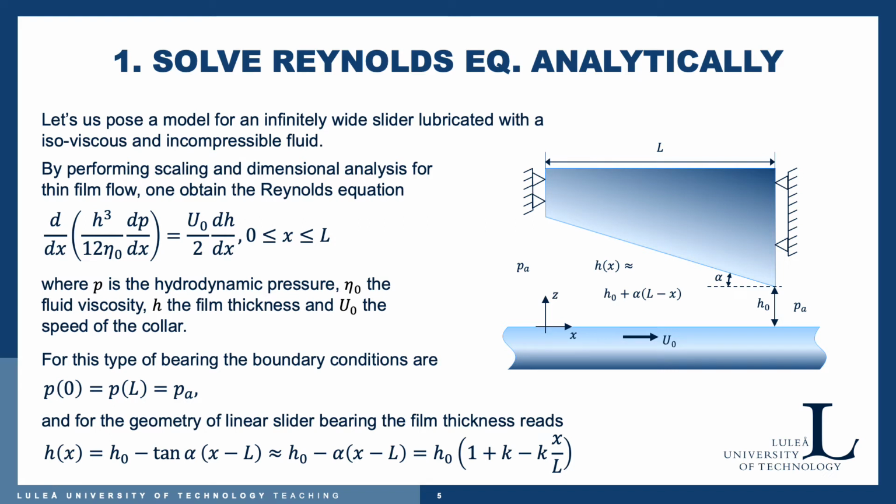Now in this case, with a wedge type of bearing like this, it's very simply modeled as a linear function in x, and that angle in reality has to be very, very small. So alpha makes it possible to approximate the film thickness by not including the tangent of alpha, but alpha itself.